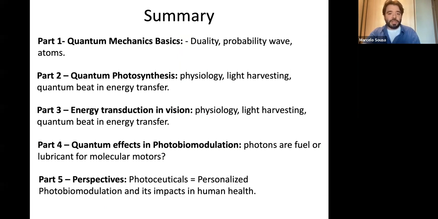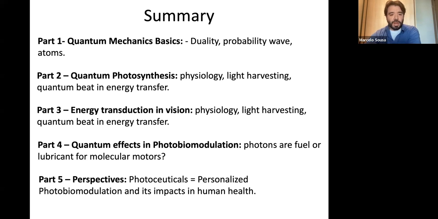The second part is more connected with the chapter of the book by itself. So we talk about quantum photosynthesis, the physiology and the light harvesting, and the quantum beating energy transfer. So that's, how can I say, the most important part, or actually the most connected part with the book, the John Joe's book.